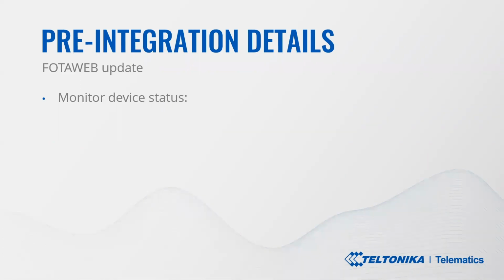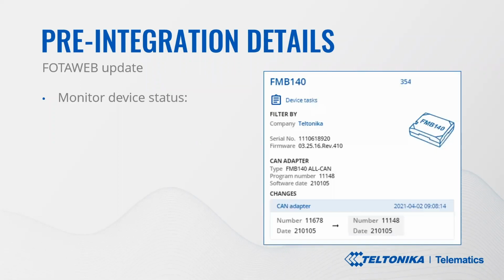To monitor the device status, you can overview the device information. One of the vital points presented is type. PhotoWeb will be able to provide you basic information of what type of unit you're running. In FMB 140, you will have two options: 140 LV CAN or ALL CAN.